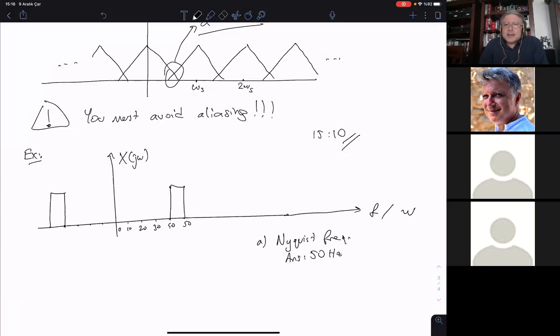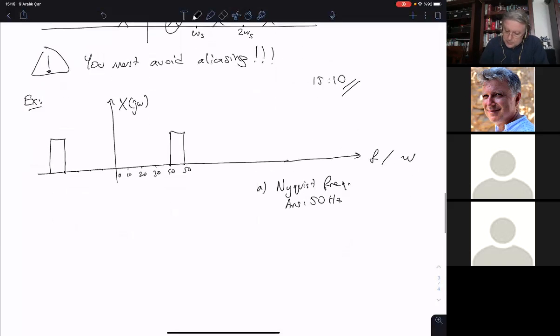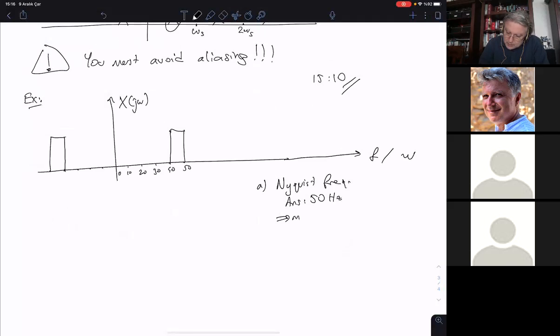So the normal way of attacking this problem is to say that, therefore, the minimum sampling rate, and rate or frequency mean the same thing. They just correspond to the same thing. The minimum sampling frequency is twice of this 50 hertz, which is 100 hertz.